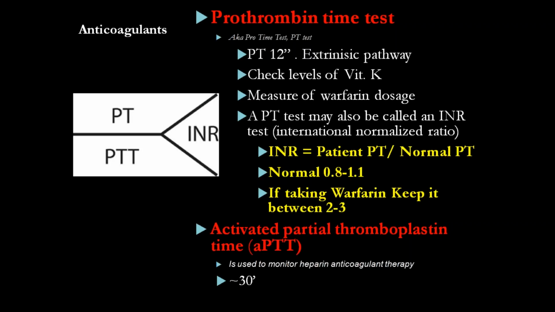Okay, so if you're taking warfarin, of course your blood is thinner, right? And warfarin is going to elevate the INR, obviously. This INR can be considered normal when it is between 2 and 3. We have the activated partial thromboplastin time, the APTT, that is used for heparin, right? The heparin.